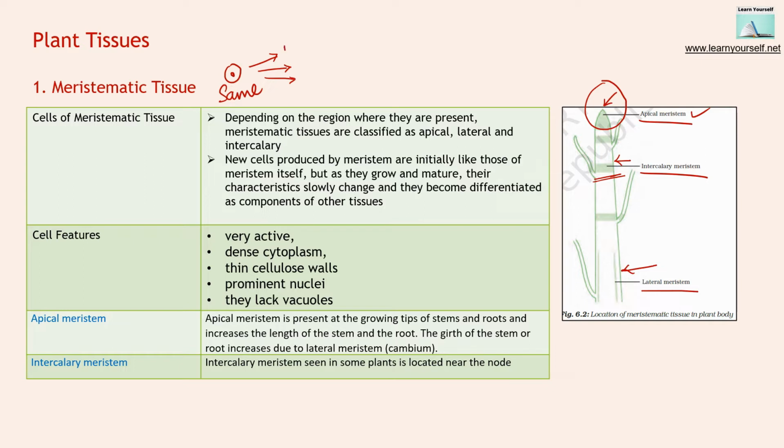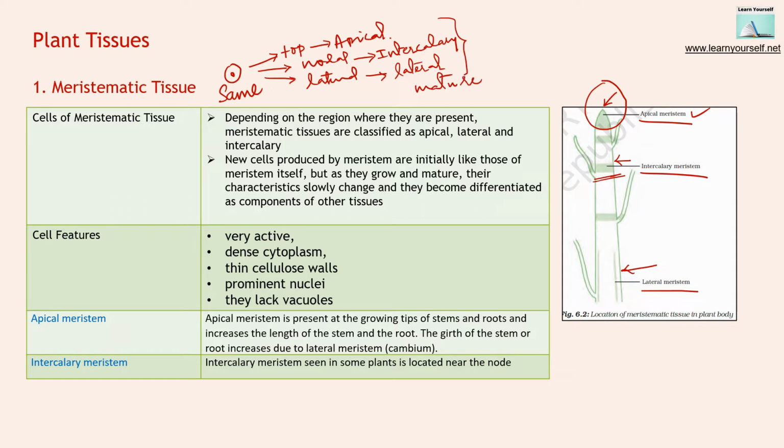If they are at the top region, they will grow as apical meristem. If they are at the nodal region, they will grow as intercalary. And if they are at the lateral region, they will grow as lateral meristem. Their function and characteristics change as they mature.